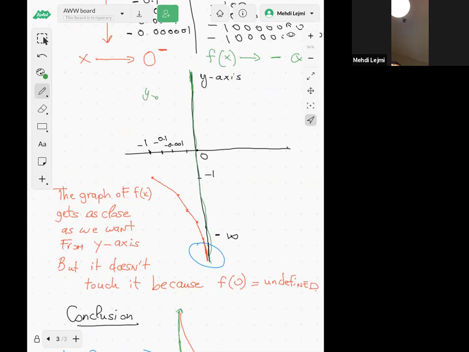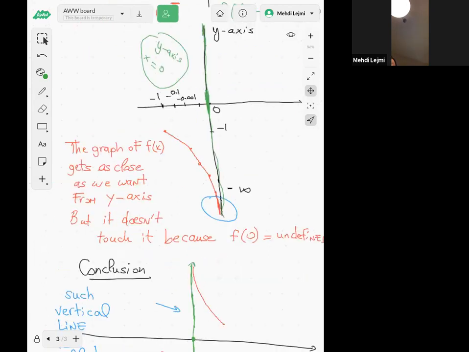The equation of the y-axis is just x equal to 0, because it passes through x equal to 0. Here it's x equal to 0, but in general, a vertical asymptote is a line with the equation x equal to a.